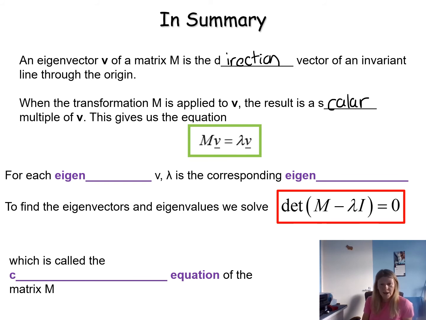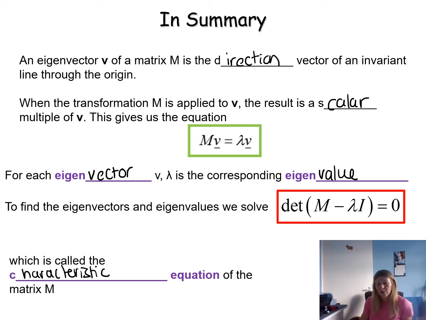For each eigenvector V, lambda is the corresponding eigenvalue. To find the eigenvectors and the eigenvalues, we solve this determinant equals 0, which is called the characteristic equation of M.